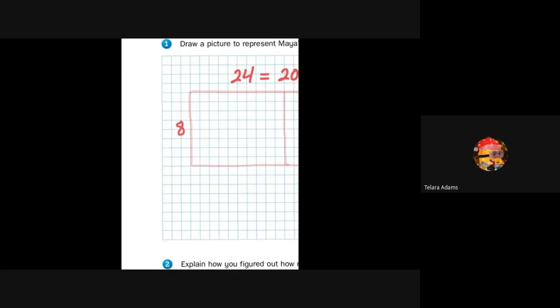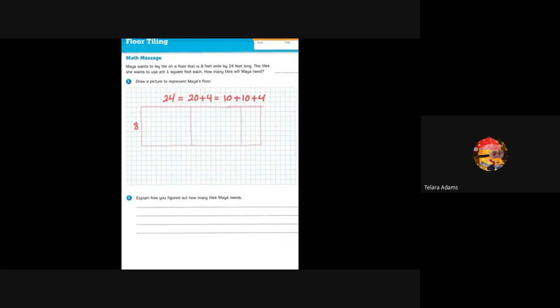So that's my total area, okay? Now what I need to do is multiply 24 times 8. 24 times 8. I haven't done that before. Huh. Oh, wait a minute.